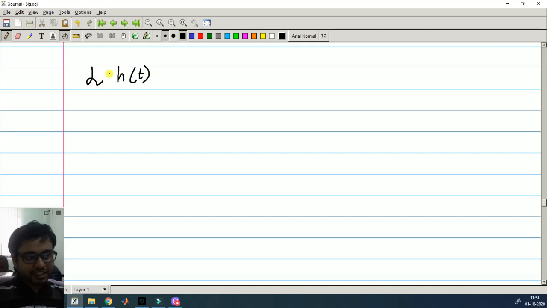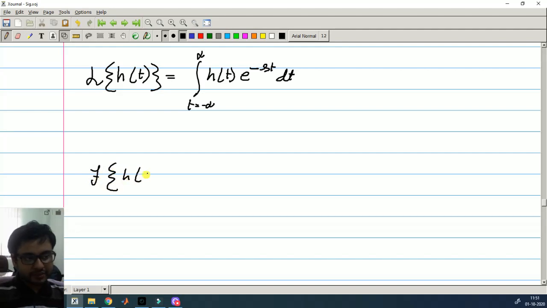The Laplace transform is given by the integration of h(t) e to the power minus st dt, t running from minus to plus infinity. And the Fourier transform of the same signal is the integration of h(t) e to the power minus j omega t dt, t running from minus infinity to plus infinity.